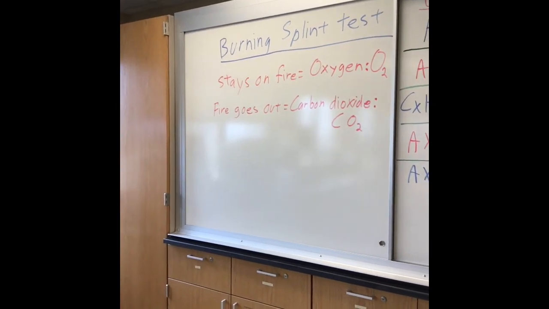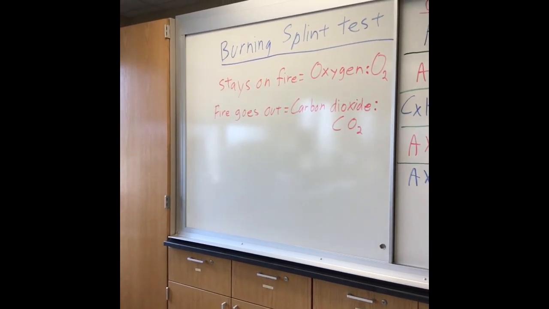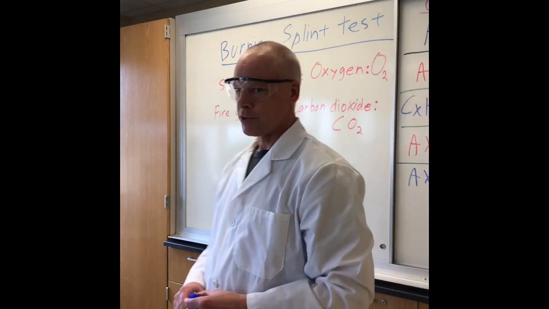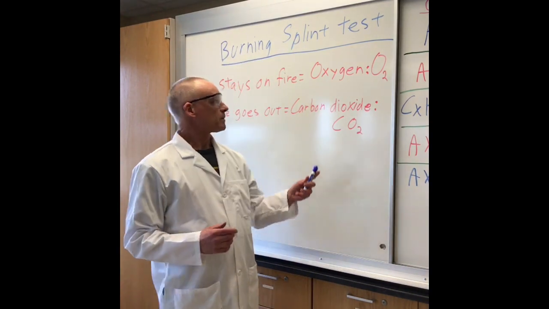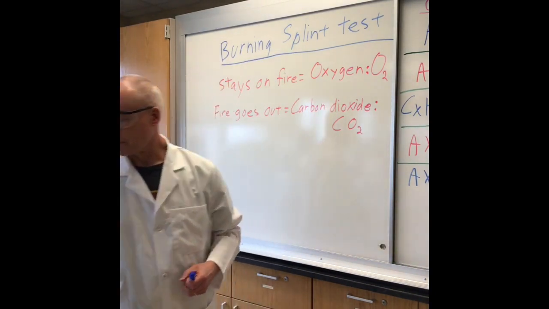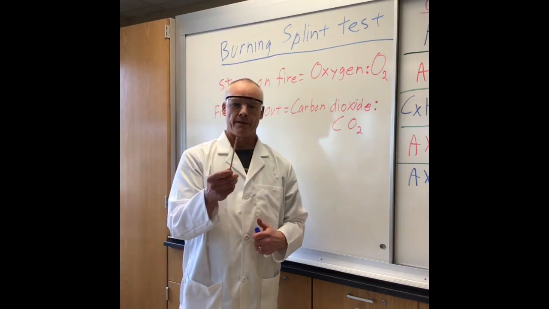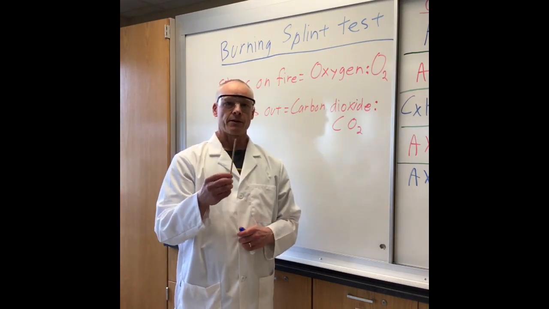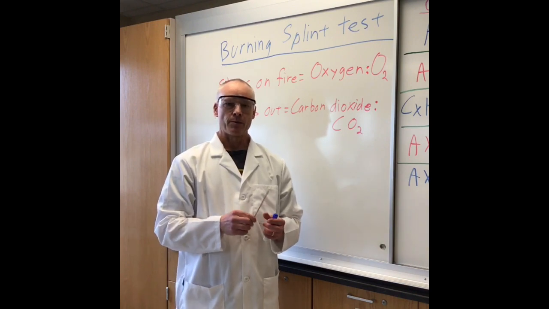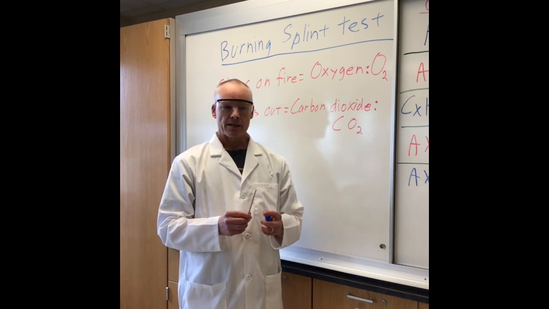One thing I want to mention before we do our first experiment is a test that we will run on multiple occasions during this time, and that's the burning splint test. A splint is a piece of wood that we will light on fire, and we will test it. You'll see in today's experiment, plus another one, how we test it.